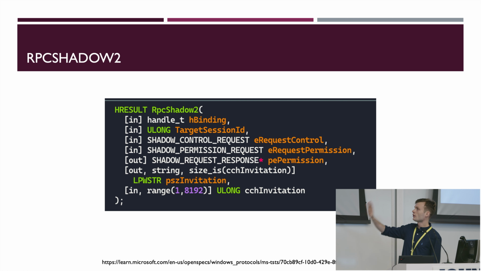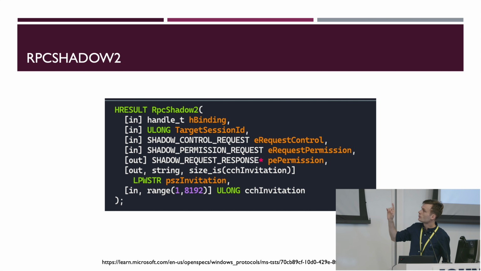It looks like this. All the info is on the Microsoft documentation website. So it takes as parameters the RPC binding and the target session ID, which we found with Quinsta. Then again, we see some enumerations, and those are basically the control and no consent prompt flags, but they are defined as enumerations.